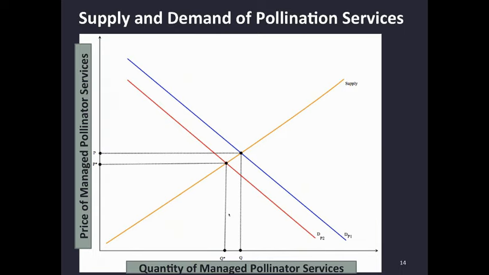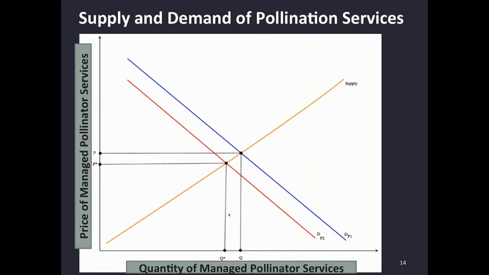This will also help us as we think about in the future understanding how natural pollinators may augment the price of pollination. Our original P and Q may actually be something more like P and Q star when we think about how much natural pollinators are augmenting pollination demand so that fewer managed pollinators are needed.